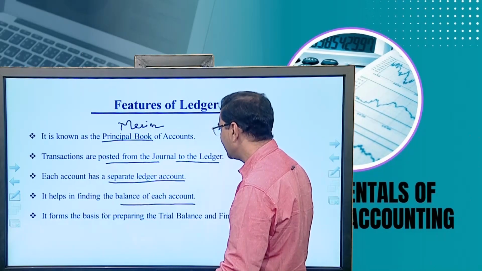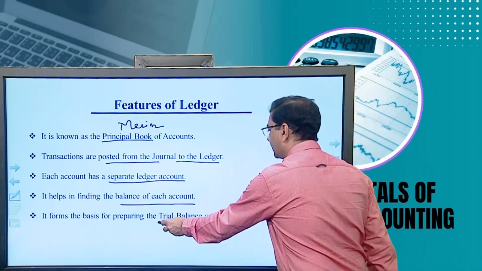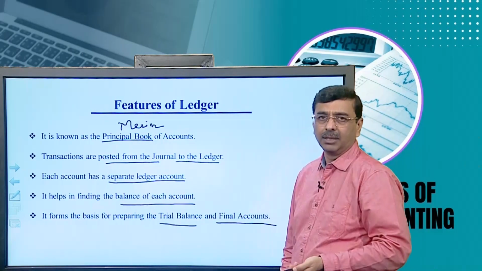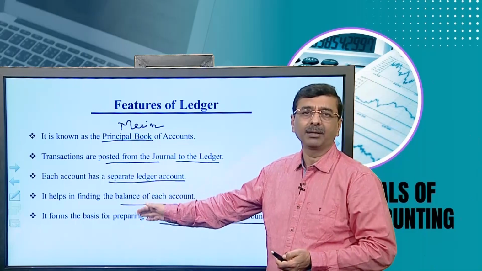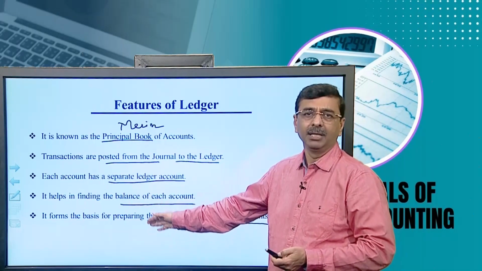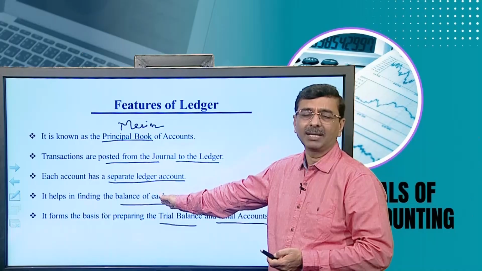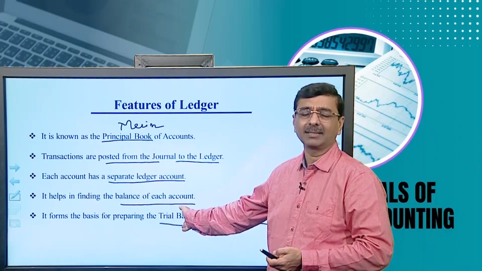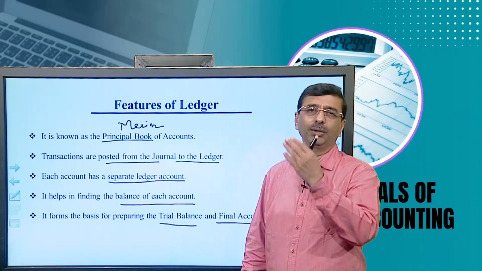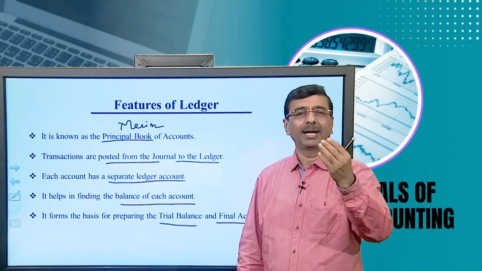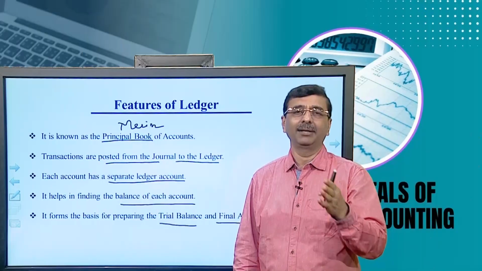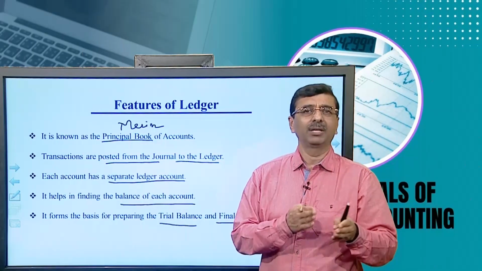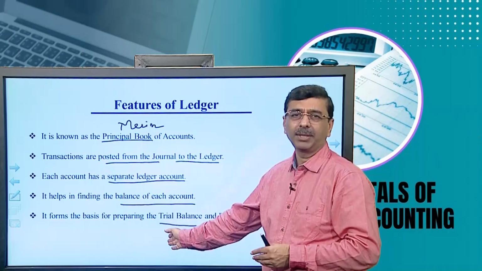It forms the basis for preparing the trial balance and final accounts. Ultimately it helps to prepare the financial statements at the end, because when we prepare the closing balances and transfer them into the trial balance, at that point we know the closing balance, whether it's debit or credit, and it is transferred into the trial balance.